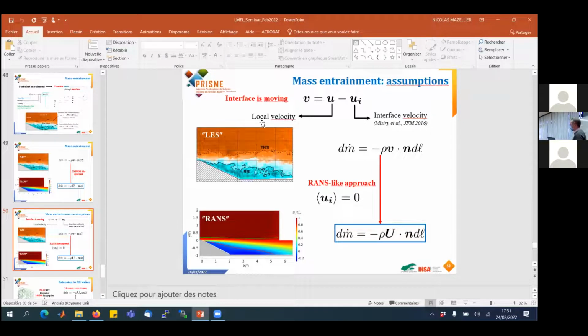And at some point, this velocity of the interface has to be taken into account, because if we want to look at the entrainment, that's the difference between the raw signal and the interface displacement problem. So we need to be in the right frame, I think, to be correct. Do you understand what I mean?